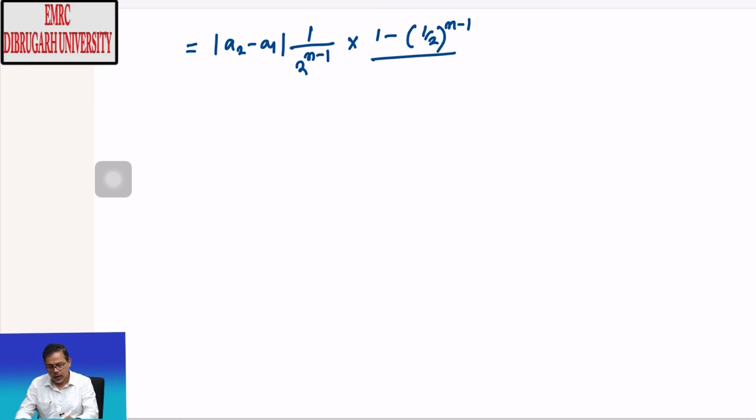And from here what we get: a_2 minus a_1 absolute value into 1 by 2 to the power n minus 1 into 1 minus 1 by 2 to the power n minus 1, divided by 1 minus half.